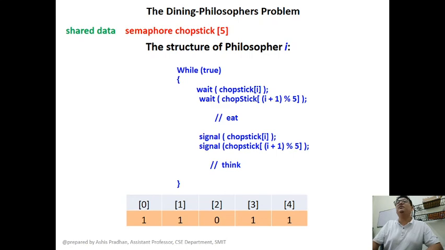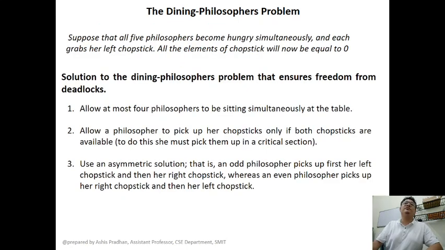So that's how it works. In the worst situation, you may enter a deadlock. To avoid that, you may impose some of the regulations mentioned as 1, 2, 3, which I've already covered. Okay, thank you.